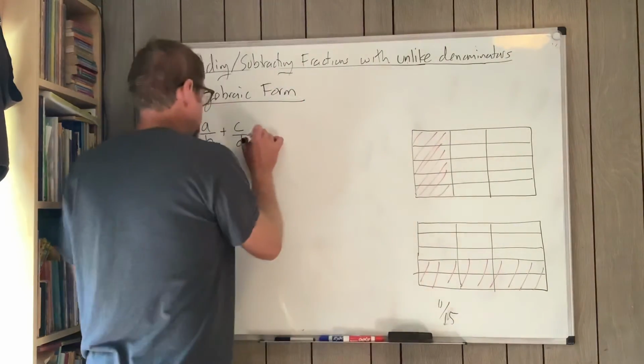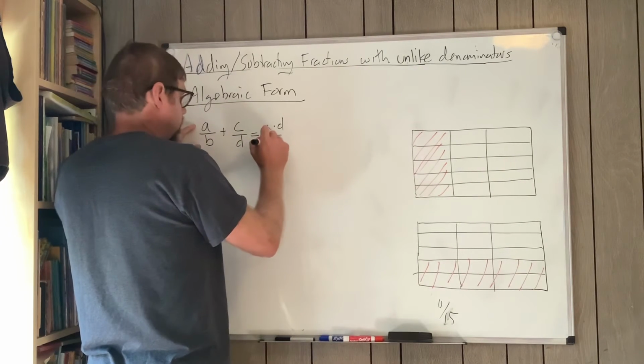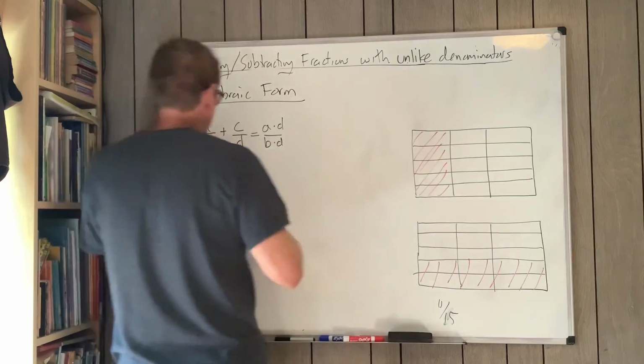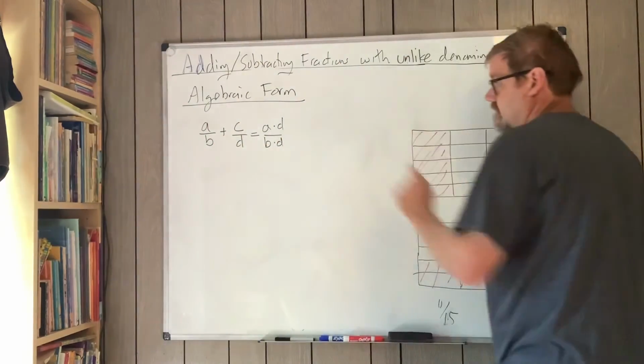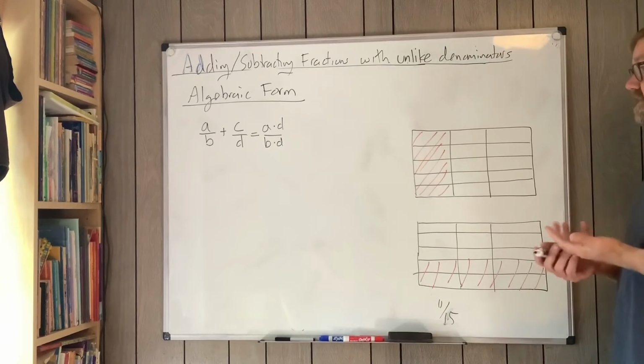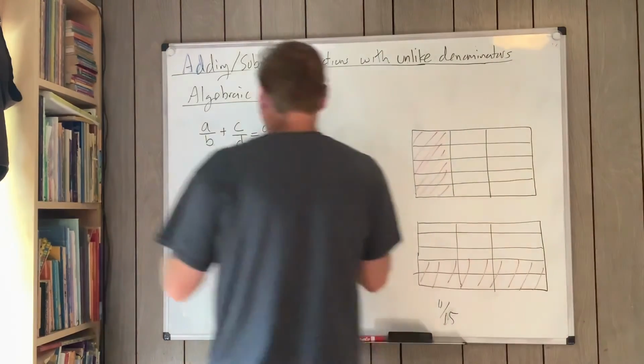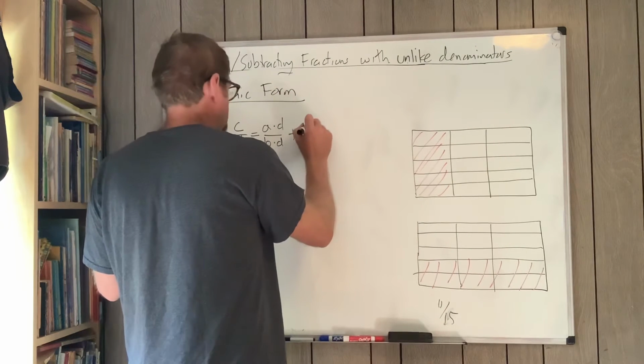This is how I get an equivalent fraction: I multiply top and bottom by some other factor. I want to cover it so that these all end up the same.